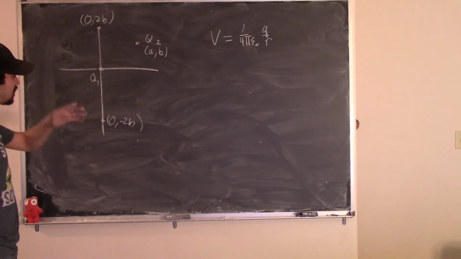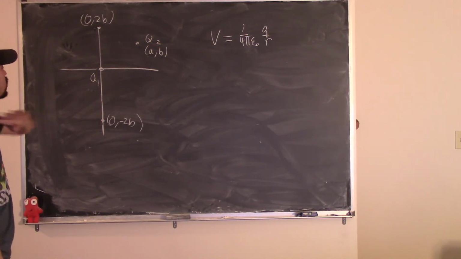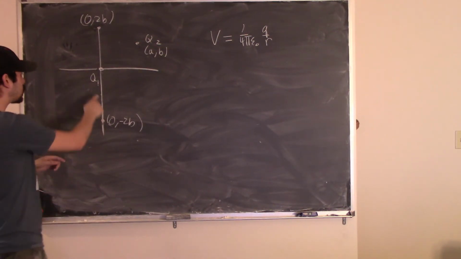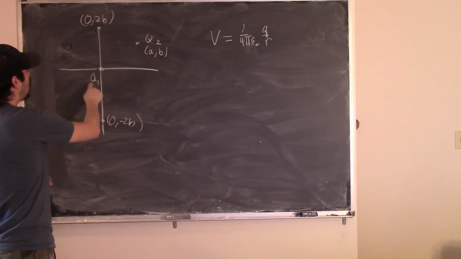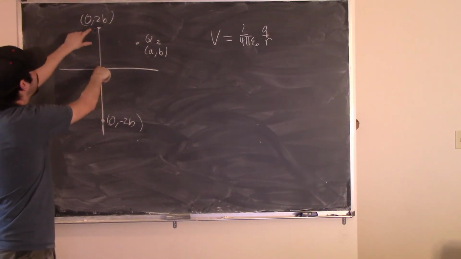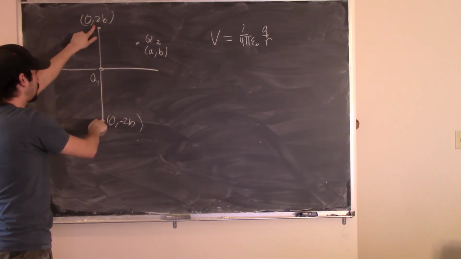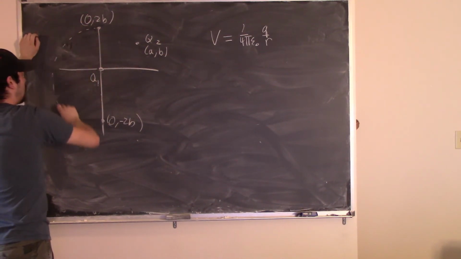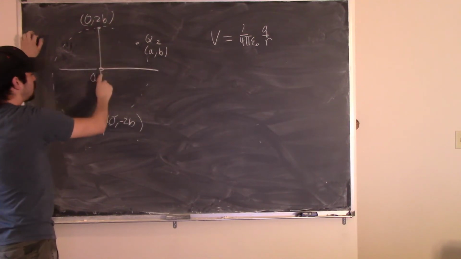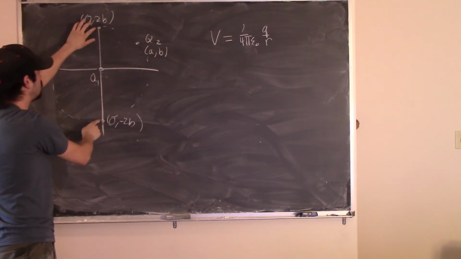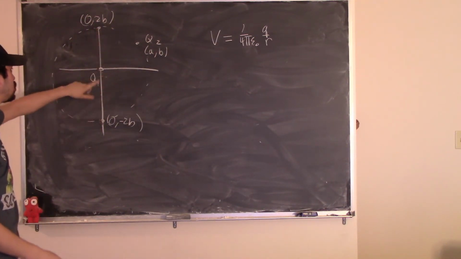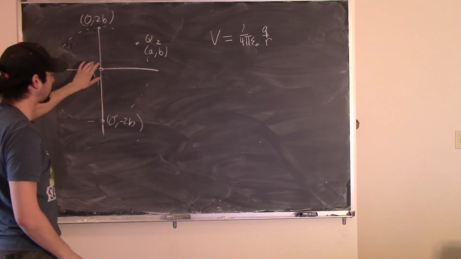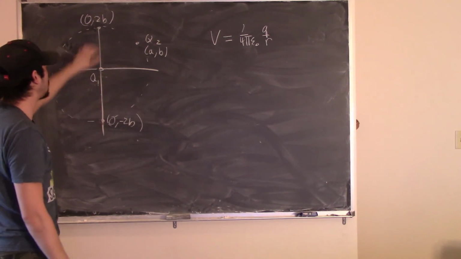But there's actually a shortcut, and that shortcut is realizing that this Q1 has the same electric potential here and here. This is equidistant. In fact, if we wanted to draw some equipotential surface for just the Q1, these are the same distance. So whatever contribution Q1 has to the electric potential is going to be the same here and here.